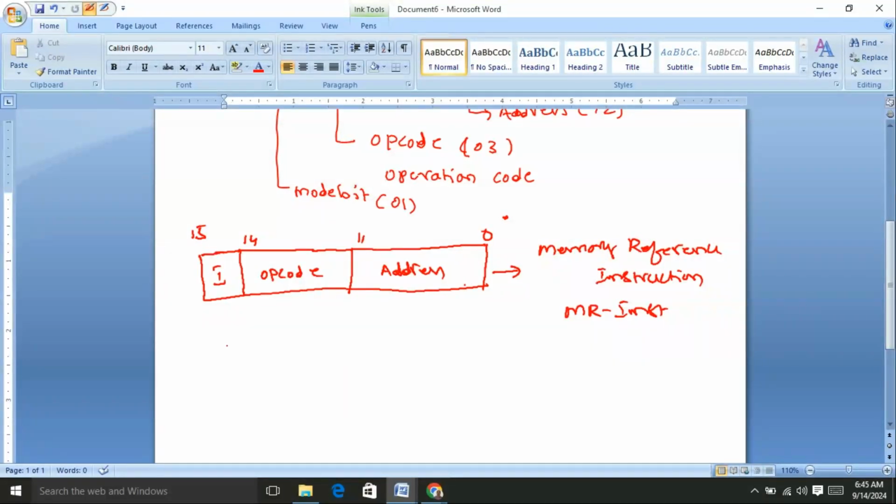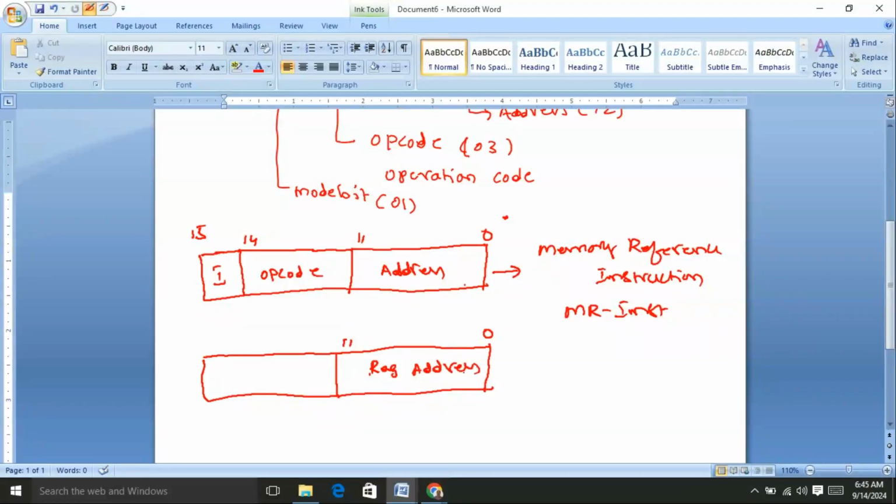But we know that sometimes the data or instructions are stored within the registers. So to fetch either data or instructions for processing from the registers, the instruction format is like this: up to the 11th bit, that means a total of 12 bits. Sorry, this is not the register address, it is the register operation, what kind of operation is performed.